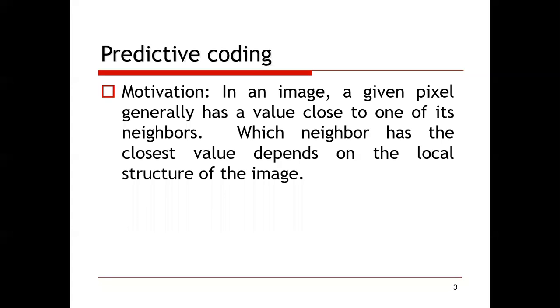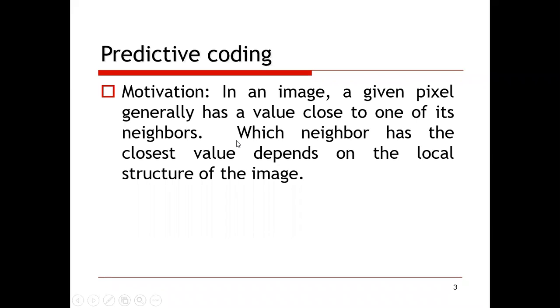So the motivation of the CALIC is that the first point is to calculate the predictive value. After that you will calculate the context value of the pixel value. So the first target is to calculate the predictive value.